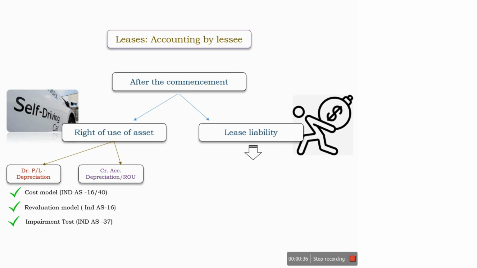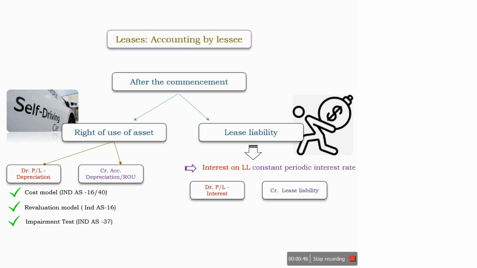In respect of the lease liability, the lessee needs to book interest on the lease liability using a constant periodic interest rate. It will debit P&L for interest and credit the lease liability. Apart from that, it will reduce the lease liability for the payment made: it will debit the lease liability and credit the bank account.